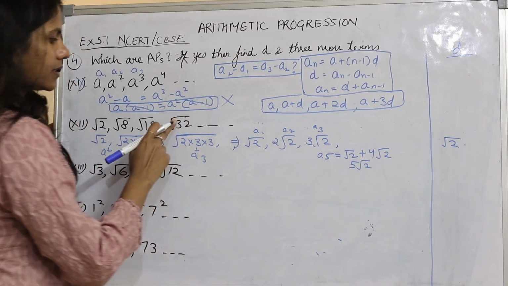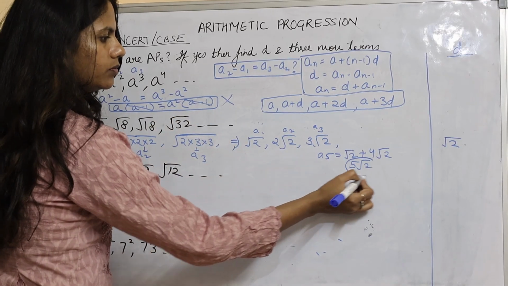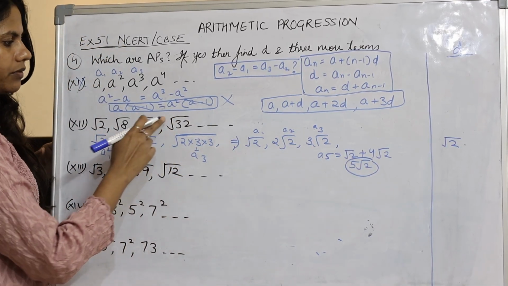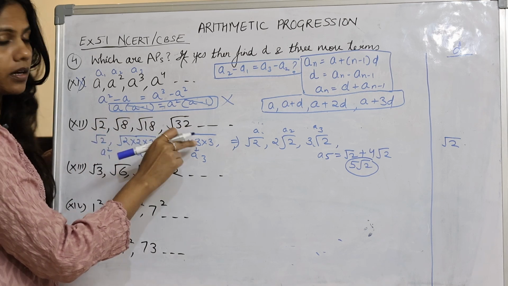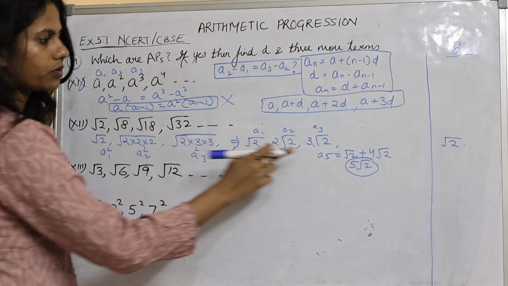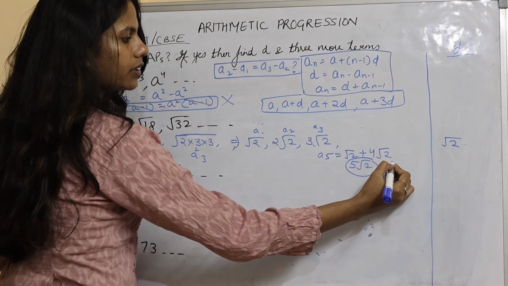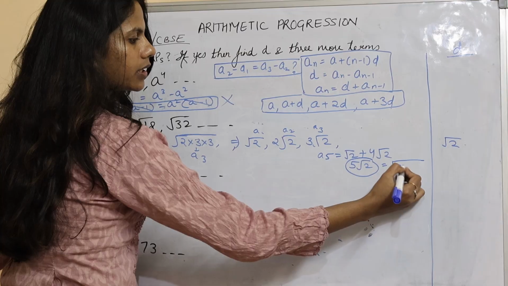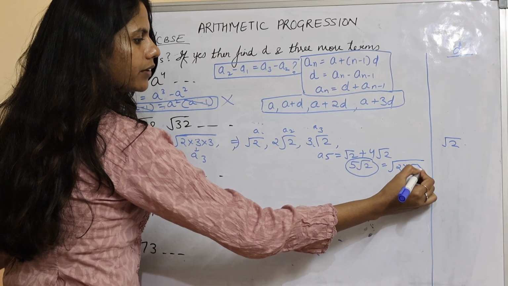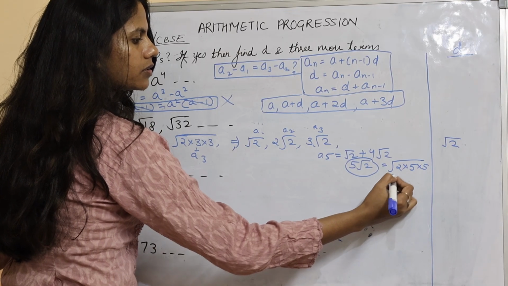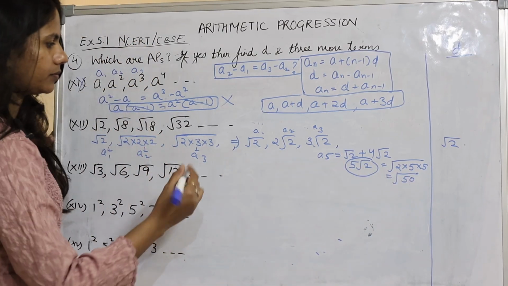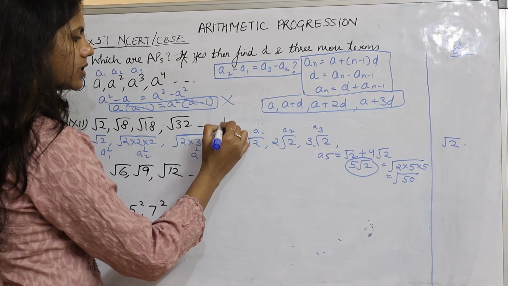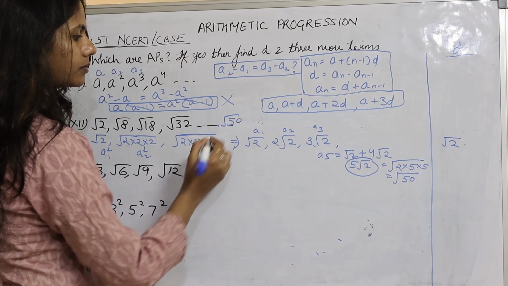Okay. Since we got a5 in this form, but the terms are given in this form, mostly everything is taken inside the square root. So we'll do the same. It will be inside the square root. We get 5 into 5, which is 25, into 2: under root 50. Okay, so the next term is under root 50.